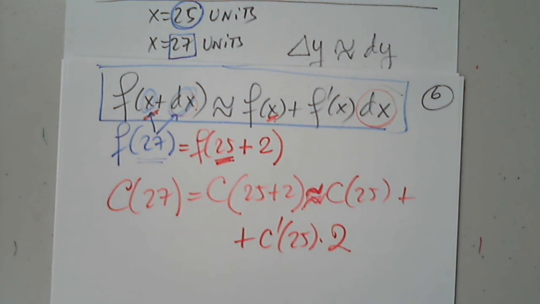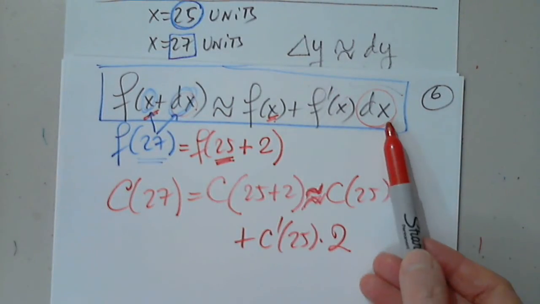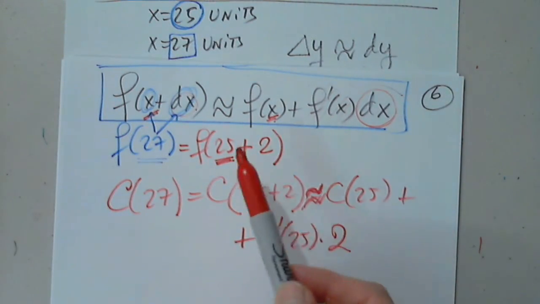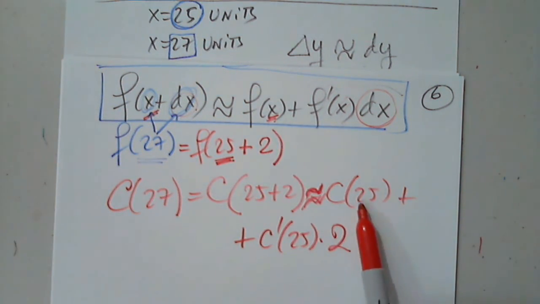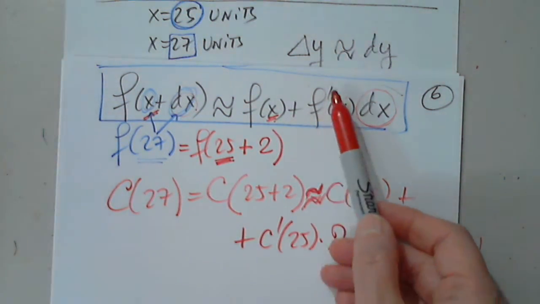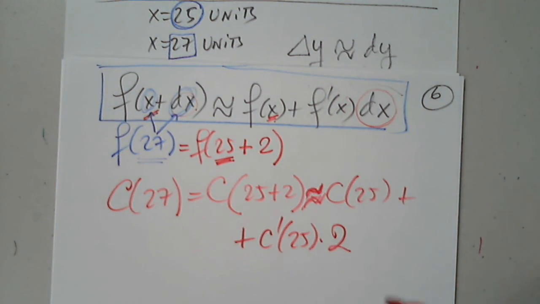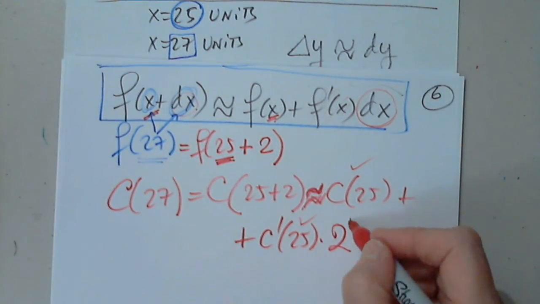Exactly. That's all it is. So we identified that dx was 2, so we have to put it here. We identified that x is 25, so I have c of 25 and c prime of 25. I have this, and this is 2.